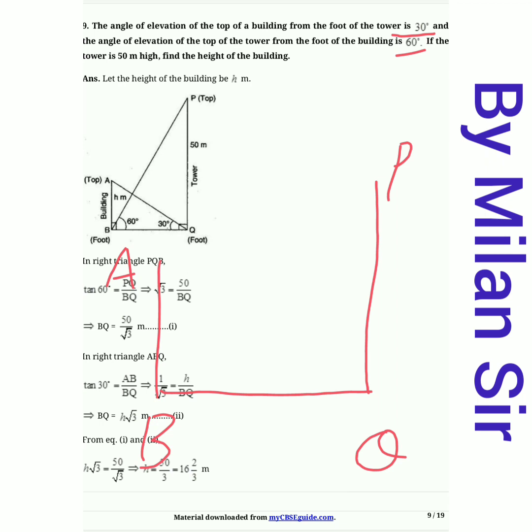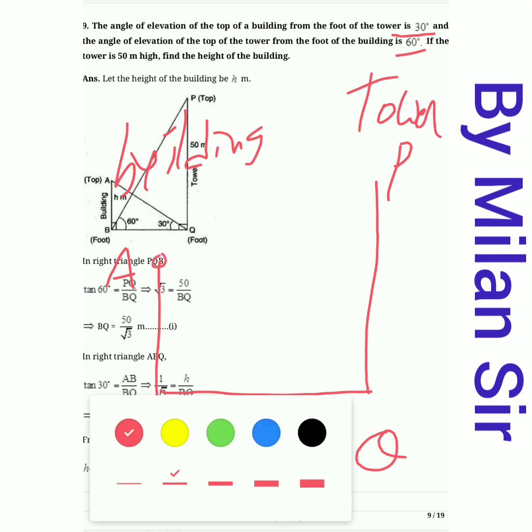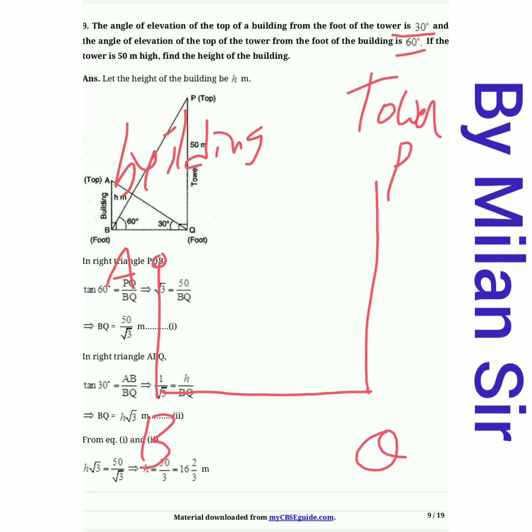Now, angle of elevation of top of building, this is the building and this is the tower. Okay, now the angle of elevation of top of building, that means point A, from the foot of tower, that means point Q, that means AQ.